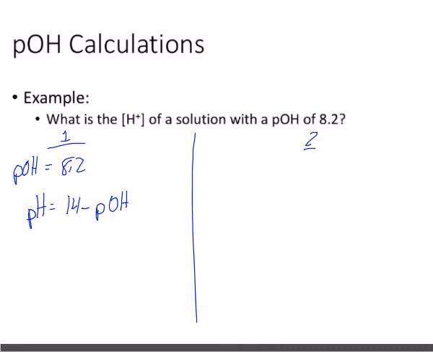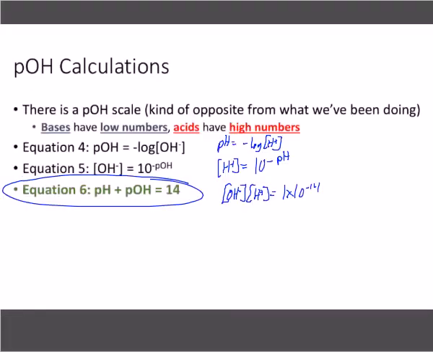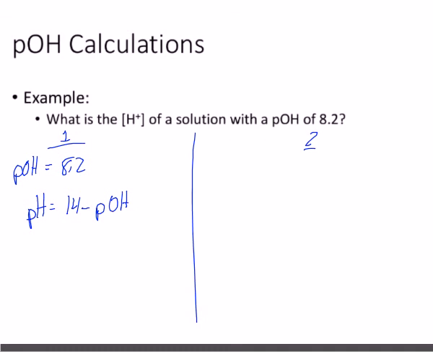You tracking with me so far? If I'm going too fast, say, hey, what are you doing? All I did, guys, I took this equation and solved for pH by subtracting my pOH. That's simple math. So pH equals 14 minus 8.2.